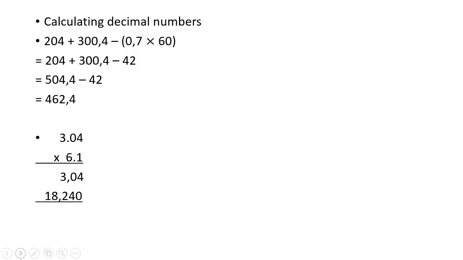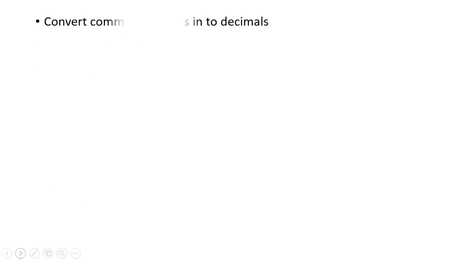You continue like that until you come to the final answer. When you take 3.04 multiplied by 6, you get 18.240. Now when you add those, you get your final answer, which is 18.544.